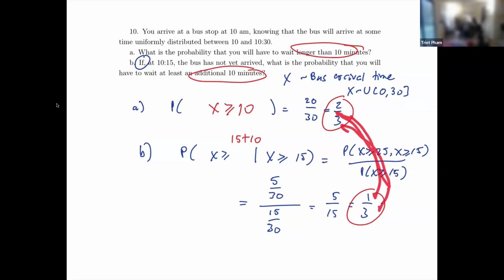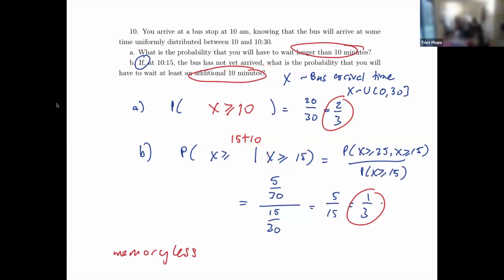That will be called the memoryless property for the exponential, meaning that it doesn't remember this part. It only cares about the plus 10 part.